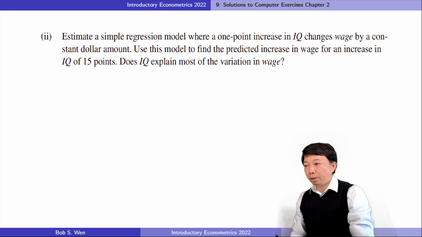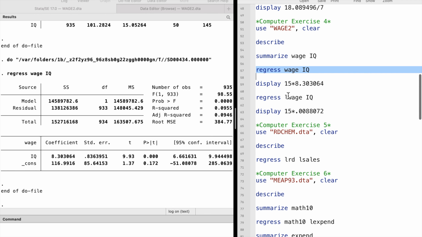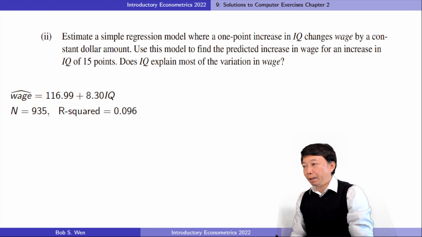For the second question, we regress wage on IQ. The estimated equation is as follows. A 1-point increase in IQ raises wages by 8.30 constant dollars on average.